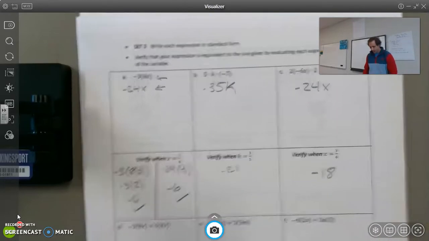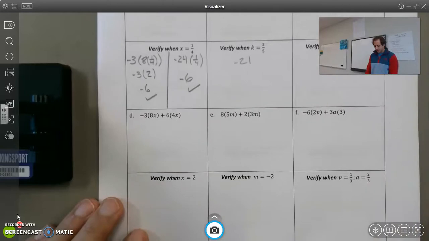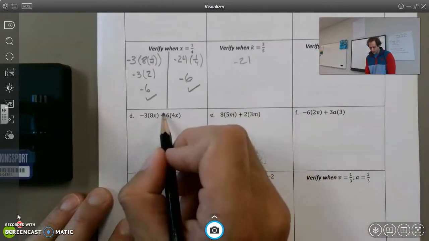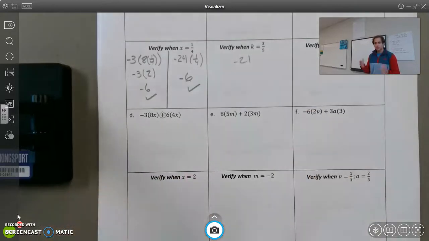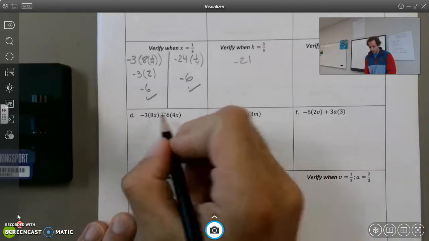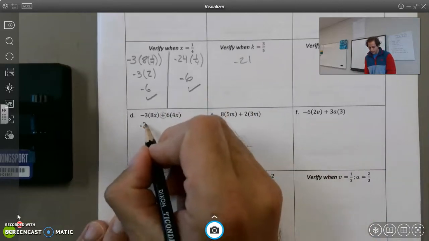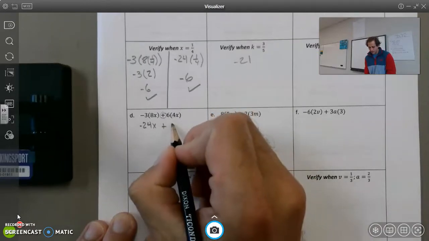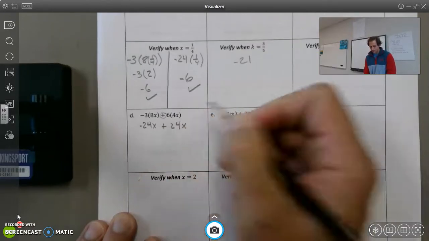Okay, negative 3 times 8x plus 6 times 4x. What you notice is addition. Therefore, we have two separate terms. We're going to simplify each term separately, and then if they have like terms, we can actually add them together. So, negative 3 times 8x is negative 24x, plus 6 times 4x, that is a positive 24x.